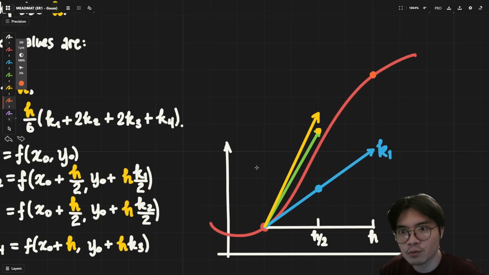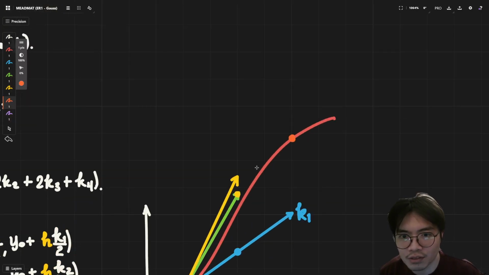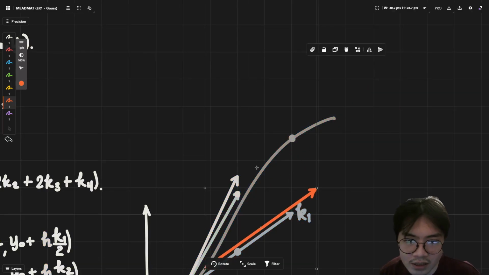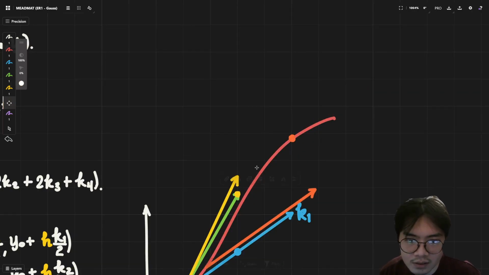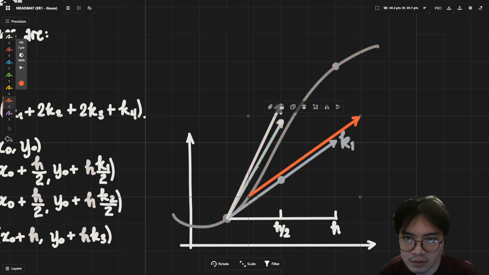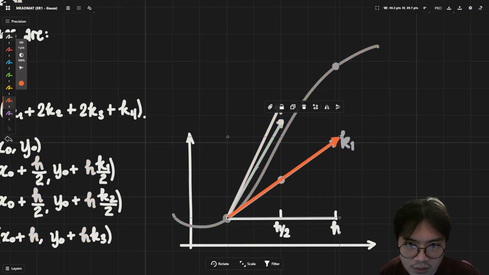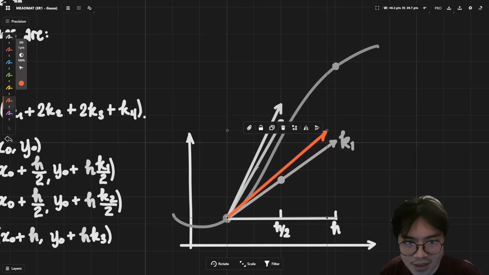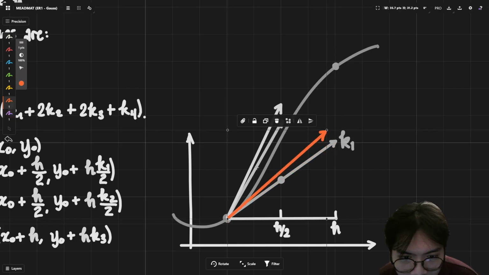So now what we'll do is we'll get the tangent line. Pass that on. There you go. Apparently these two have somewhat the same slope. Let's make that a little bit more exaggerated.